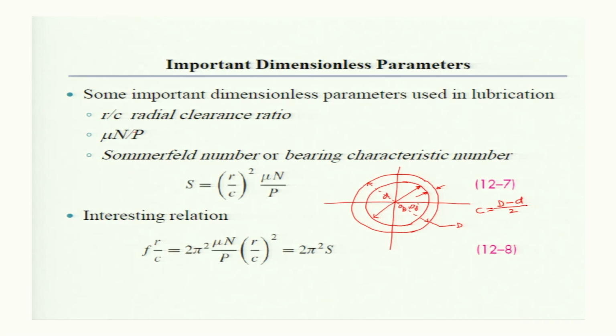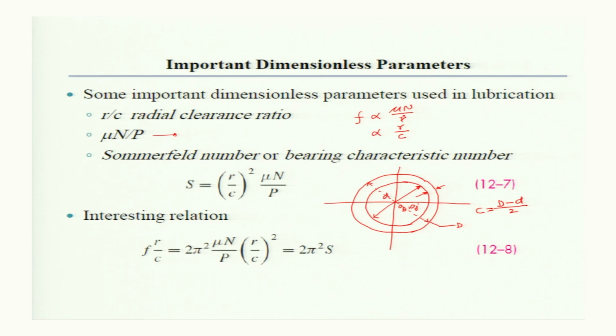Another is mu n by P, and we have seen this parameter while we derived Petrov's equation. Petrov's equation gave the coefficient of friction f as proportional to this mu n by P, and also proportional to R by C, two non-dimensional parameters.